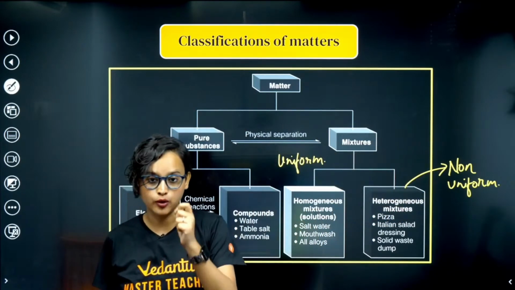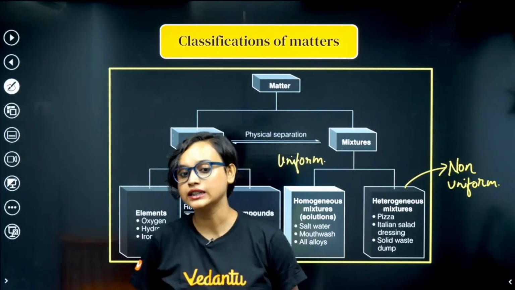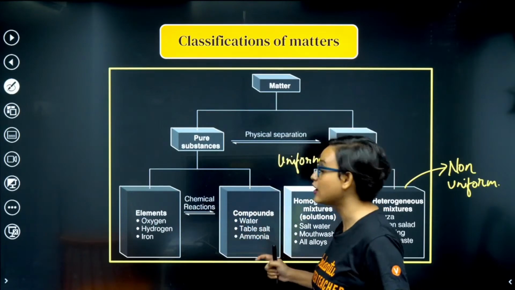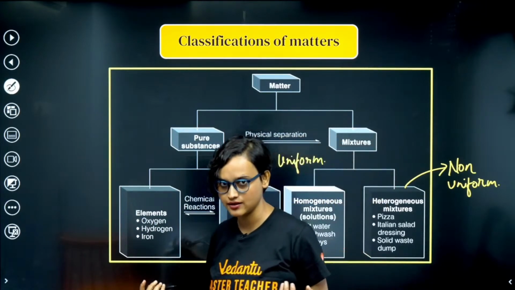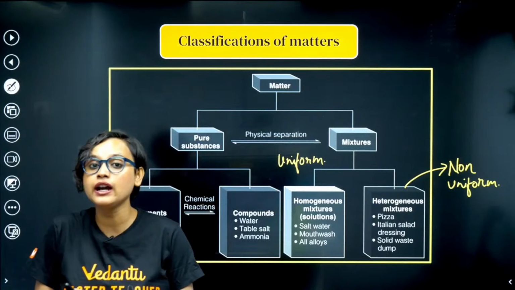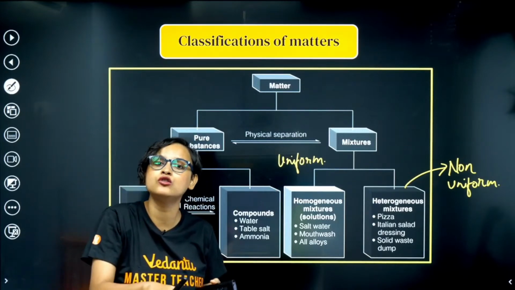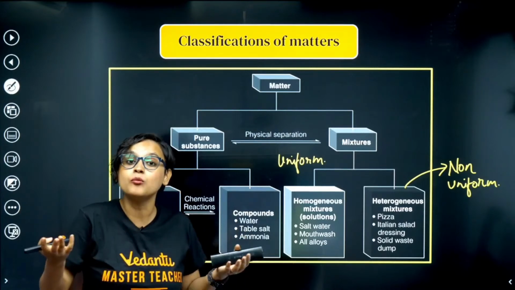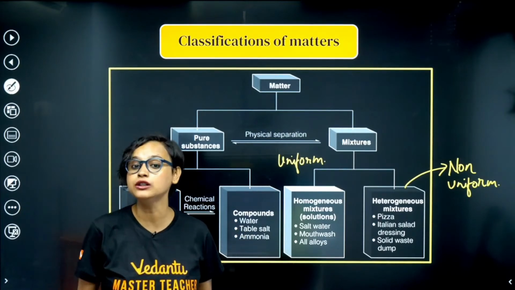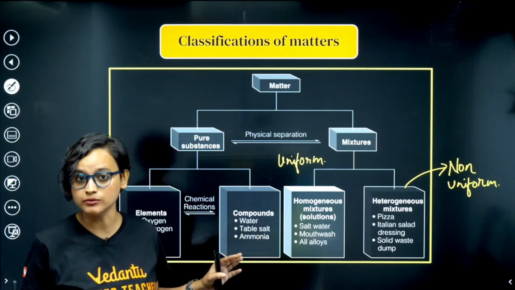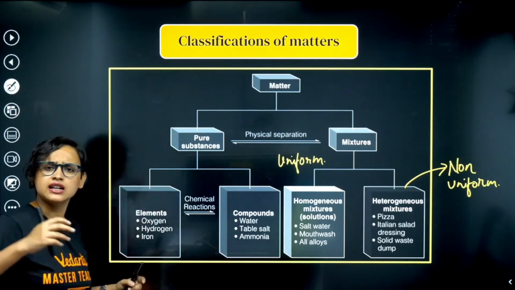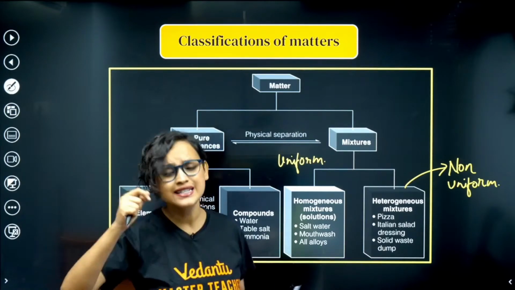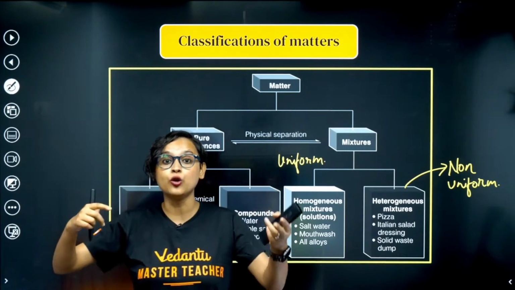Now here is another thing. Elements and compounds cannot be separated just like this. You will not be able to separate elements in the compounds with normal physical methods, as in hand picking, winnowing, threshing.